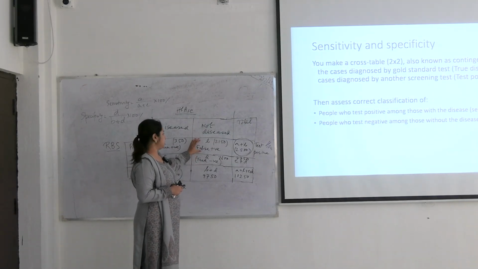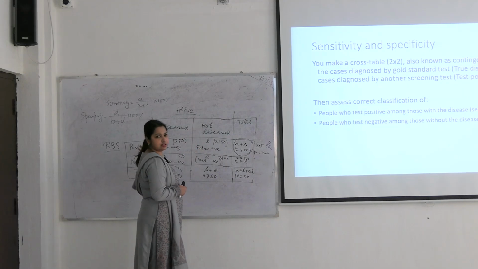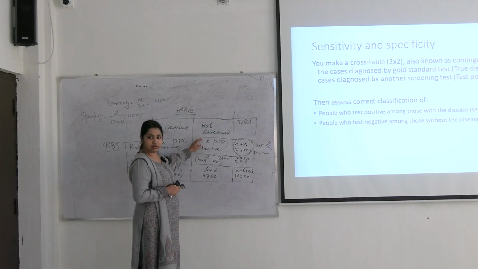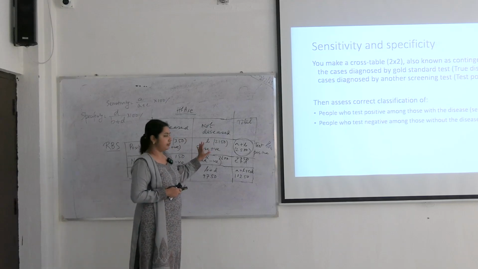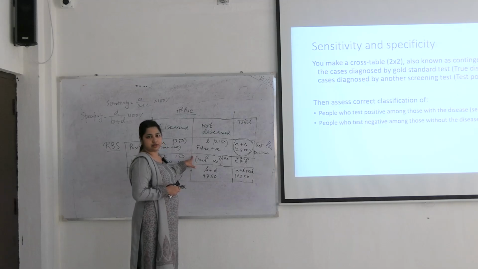So whoever is coming as positive, they are called false positive, because they are falsely denoted as positive on the screening test. Why? Because they are supposed to be negative, they have come to be positive on the screening test, because it is not 100% accurate. Okay? And there are some people who have come to be negative also on the screening test. So they are called true negative.